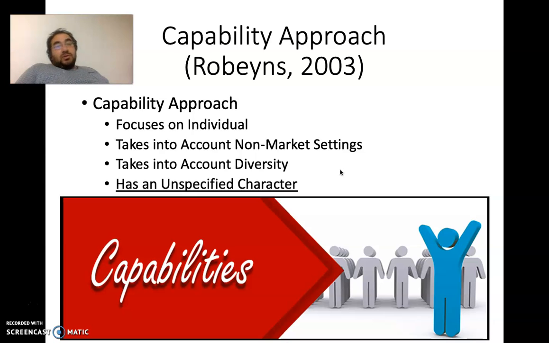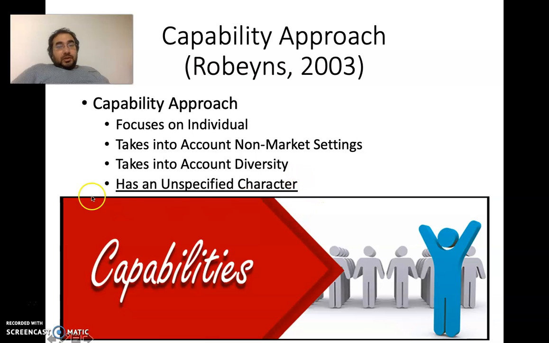The other one might also not have enough resources to have a car, but since public transportation is developed and he is able to use it, his income might be sufficient to meet his need, basically.